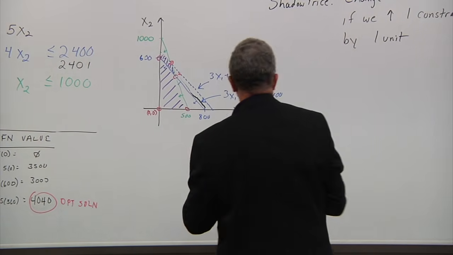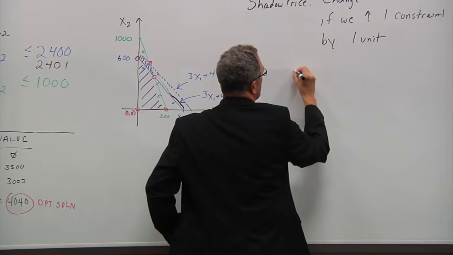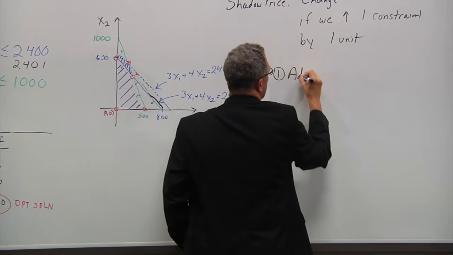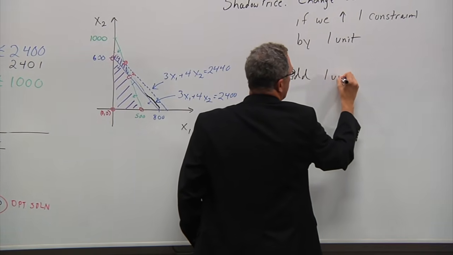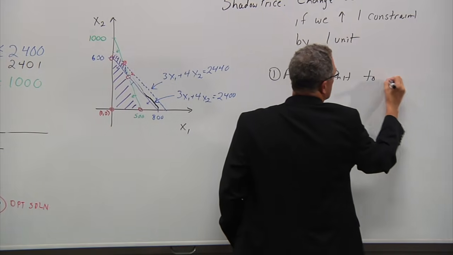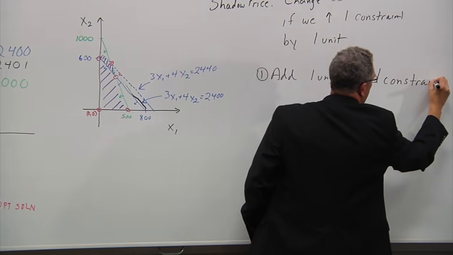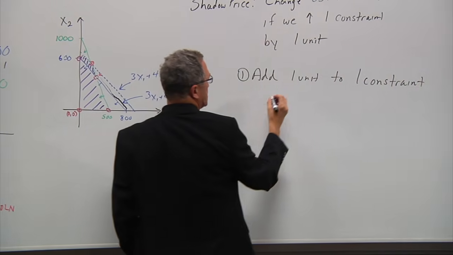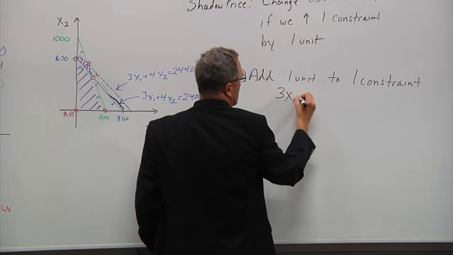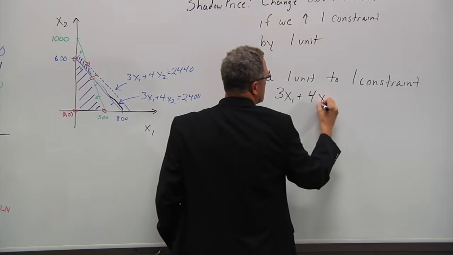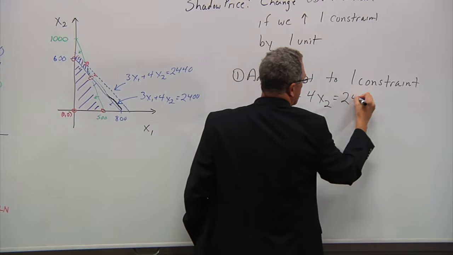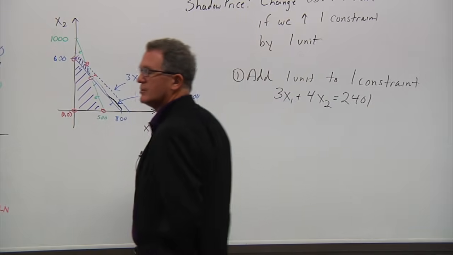So we have 3 things we have to do here. First, we're going to add 1 unit to 1 constraint. In this case, what we did was we said 3 hours for every table plus 4 hours for every chair is going to equal 2,401 hours.